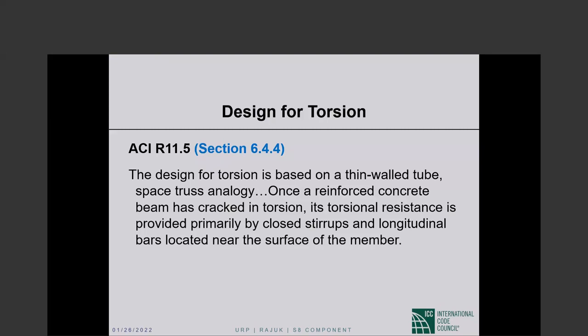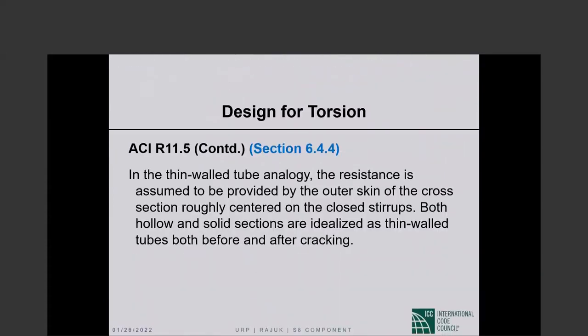So torsional resistance is provided, not primarily, it is entirely, by closed stirrups and longitudinal bars located near the surface of the member. In the thin-wall tube analogy, the resistance is assumed to be provided by the outer skin of the section, roughly centered on the closed stirrups. So the outer skin roughly centered on the closed stirrups.